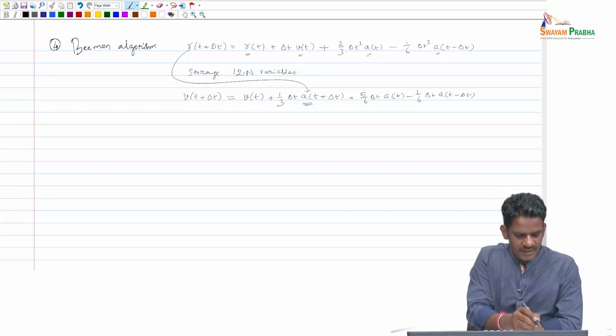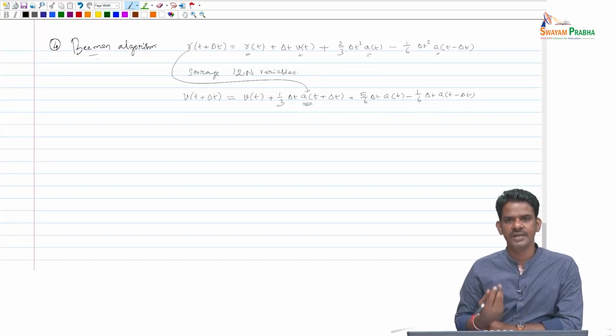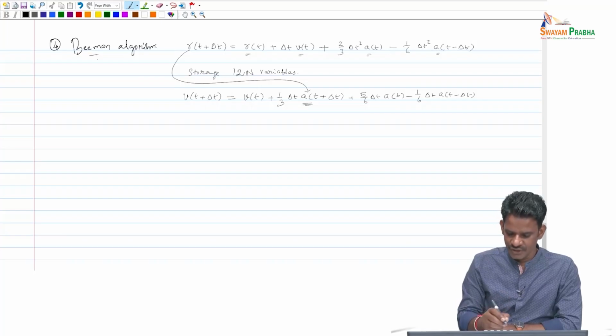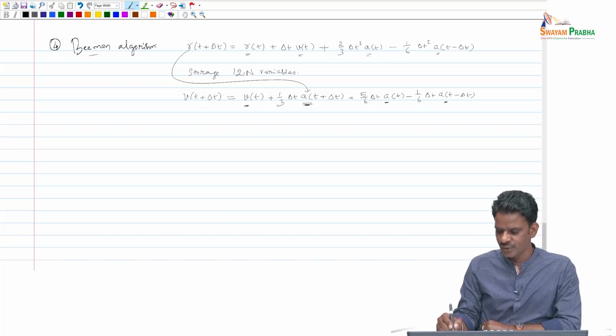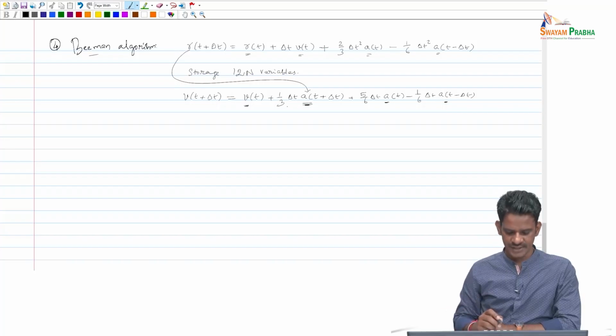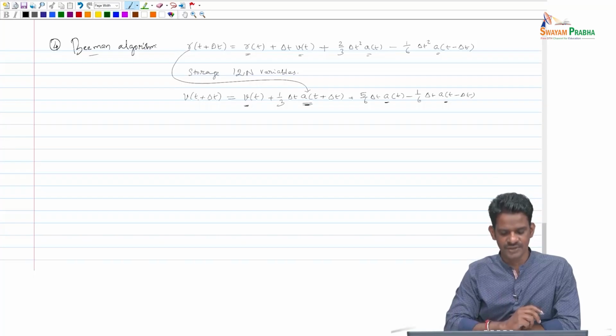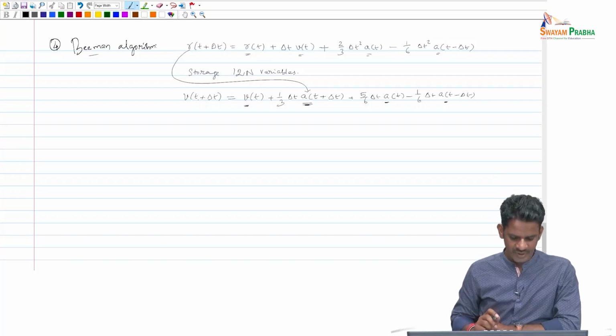So, basically this Beeman algorithm attempts to improve the calculation of velocity as accurately as possible, because of which it uses many quantities. It uses the current velocity, new acceleration, current acceleration, and also old accelerations. So, because of the combination of accelerations of 3 different time points t, t plus delta t and t minus delta t, the accuracy of velocity calculation or the kinetic energy calculation in this algorithm is a little better.